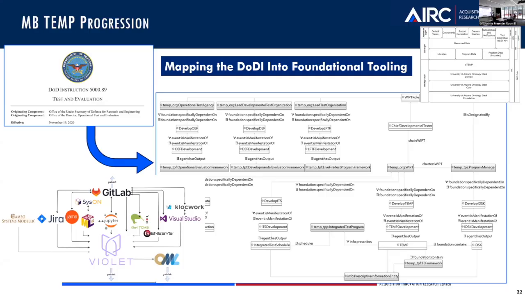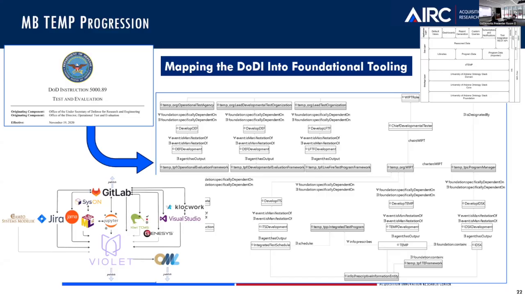You can see things like here's the lead test organization, and the chief developmental tester defines a particular role. You can see there's an activity here to develop the TEMP, and here's another one to develop the IDSK, and the person responsible for that is the program manager.